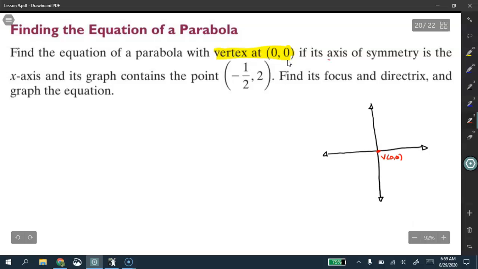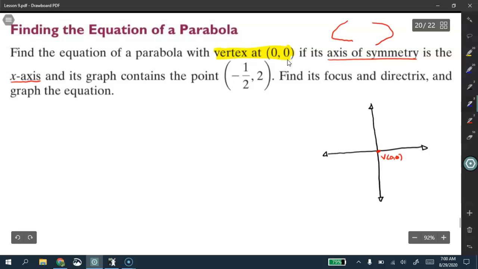Now, the next thing it says is that its axis of symmetry is the x-axis. I'm not going to draw anything here, but what we do understand is that an axis of symmetry is something that splits something into a half. And so I can assure you that this parabola must either be facing towards the right or towards the left.